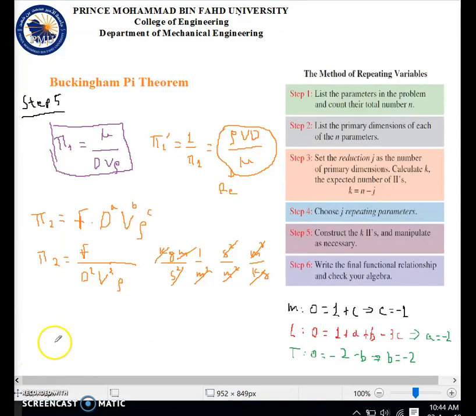Now, we can manipulate this pi, and we have a diameter square, and we all know that the area of a cylinder is given as pi d square over 4. So we can define pi2 as force over 4 pi area velocity square density.